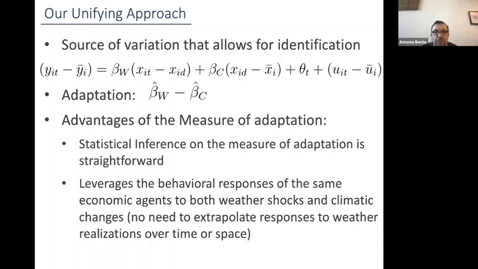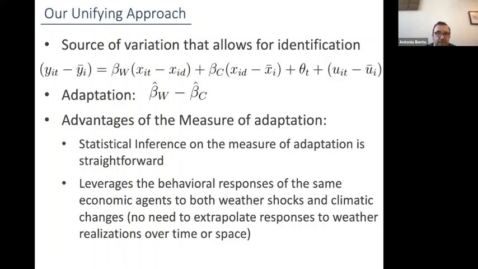Now, by definition, what this also immediately allows you to see is that we are leveraging the behavioral responses of the same economic agents to both the weather shock and the climatic change. And so we are not making any extrapolation of responses to weather realizations, neither over time or over space.